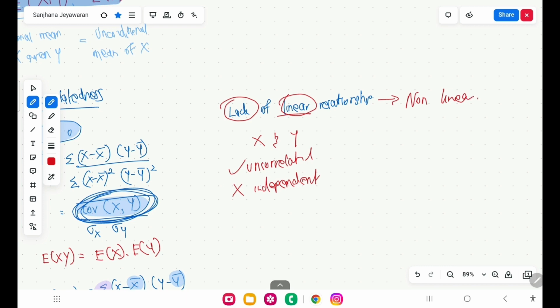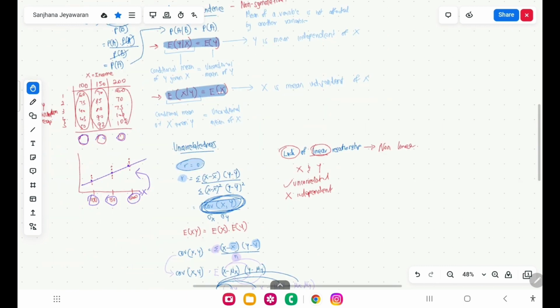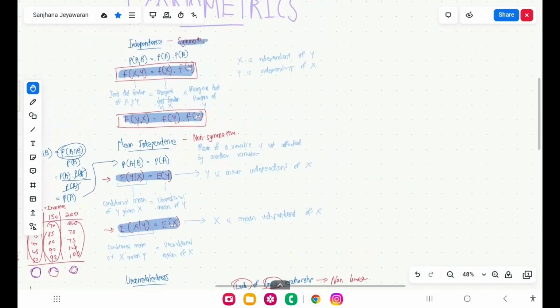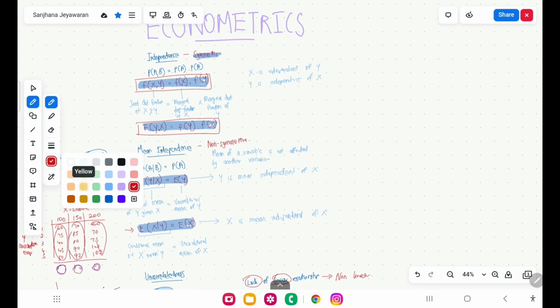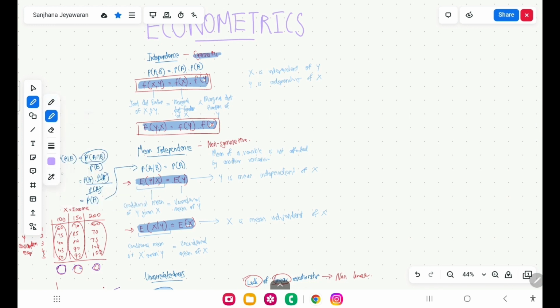So when we look into the three concepts, that is independence, mean independence, and uncorrelatedness, we say that independence is a very strong concept. That is because if two variables are independent, that means necessarily it is mean independent, and therefore it is uncorrelated as well. But the converse is not true.